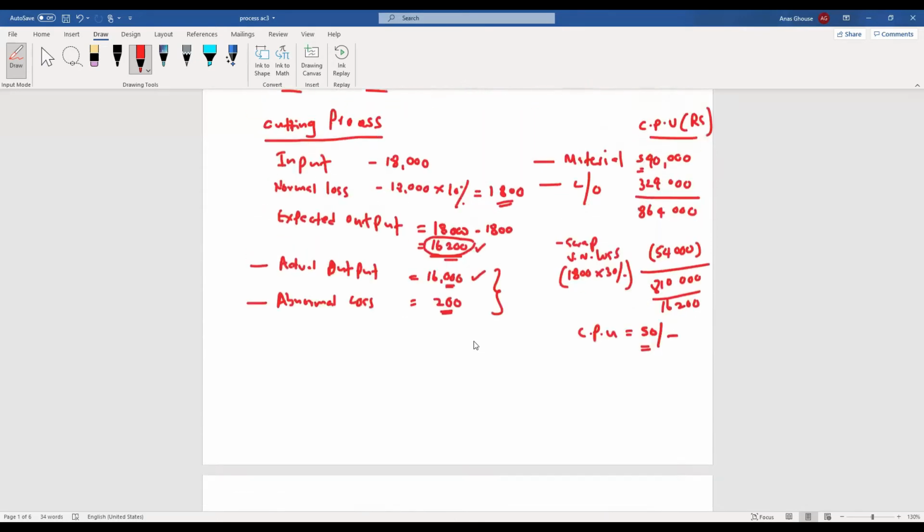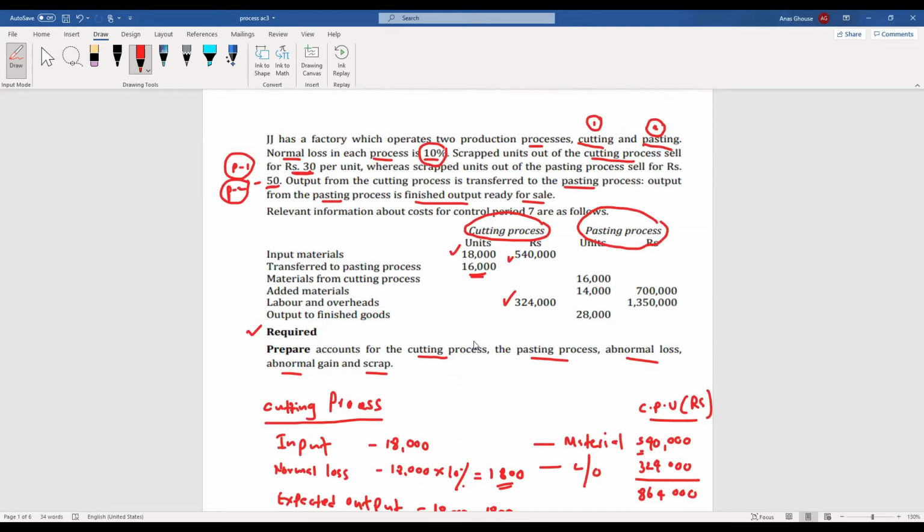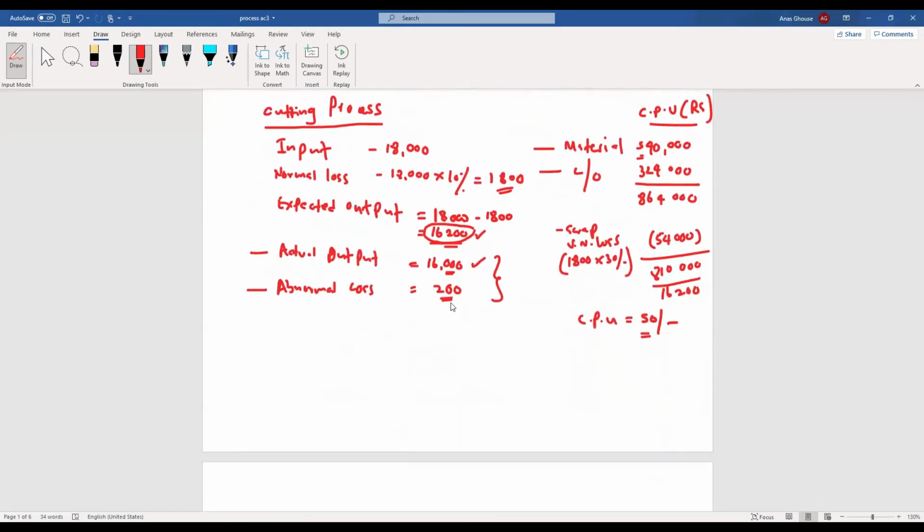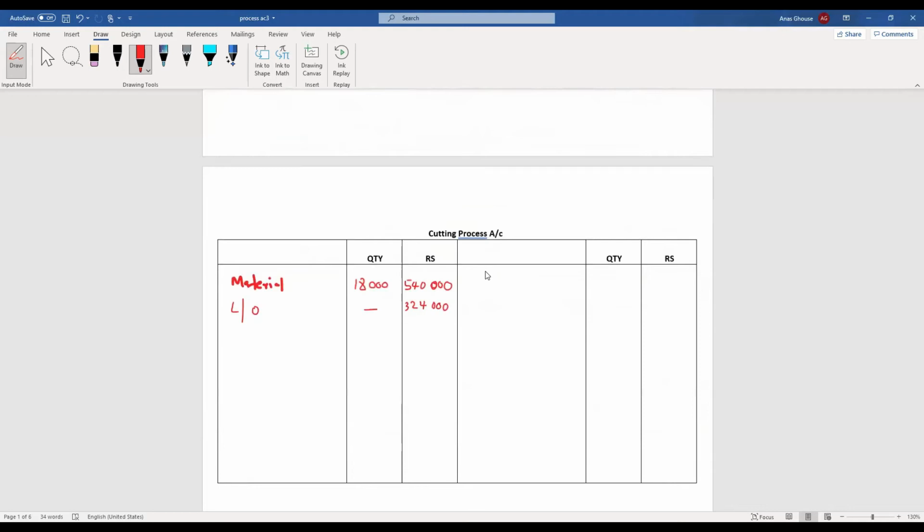Then we'll take the output to the pasting process. Transfer to pasting process is the actual output of 16,000.